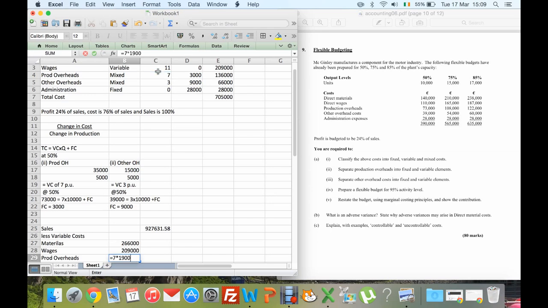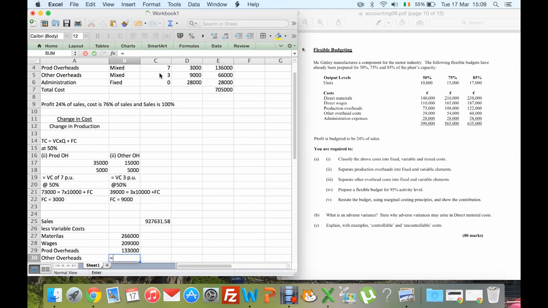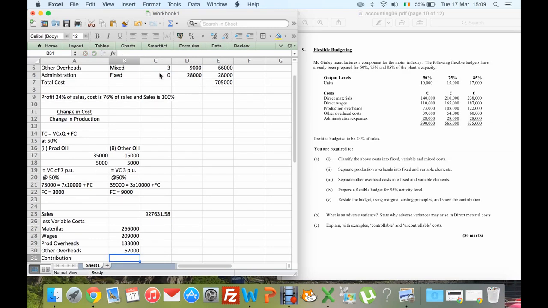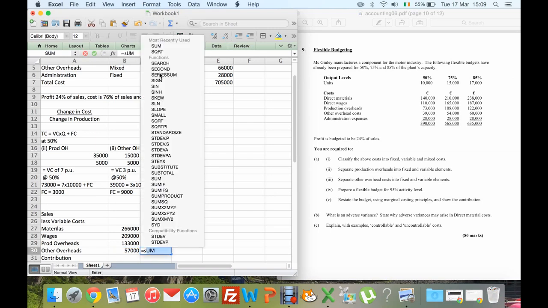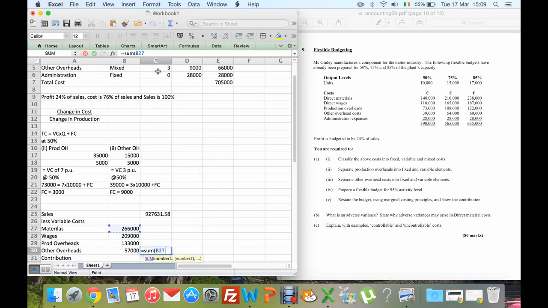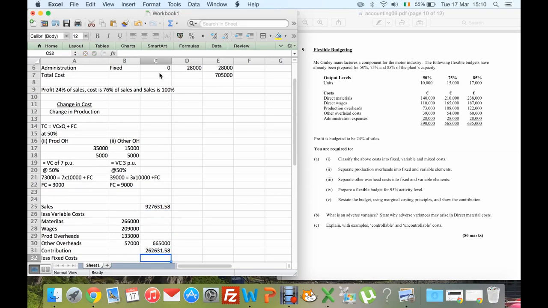That's 19,000 units. And the other overheads is 3 by the 19,000 units we want to produce. So that is those added together. And then the contribution is when we have our sales figure, and we take away from sales the other overheads.